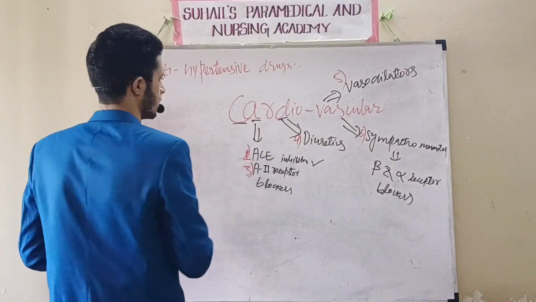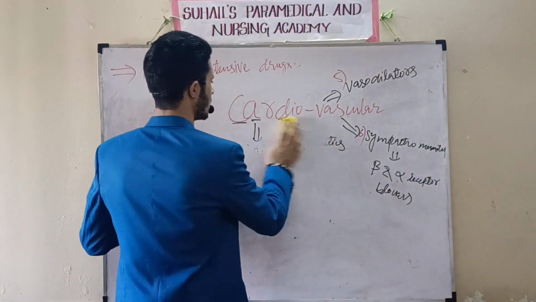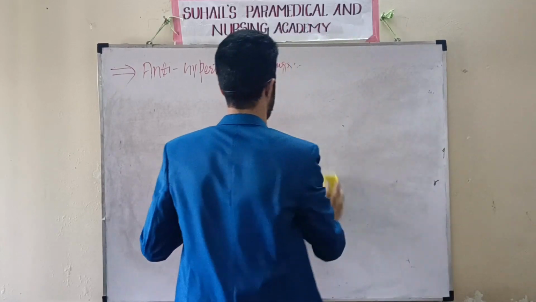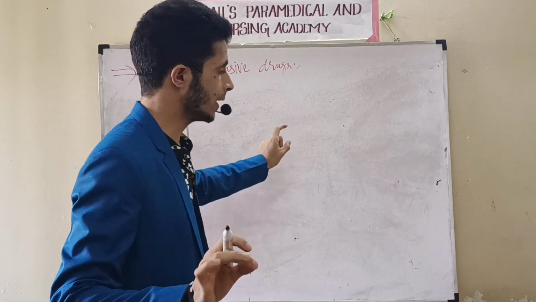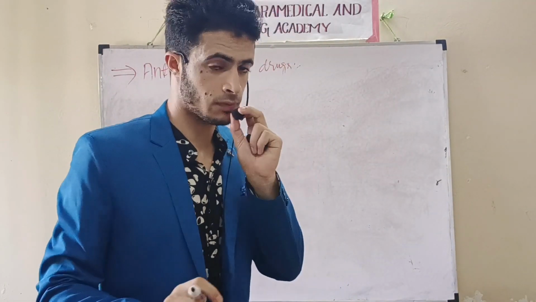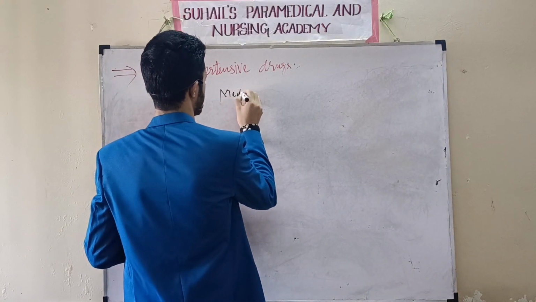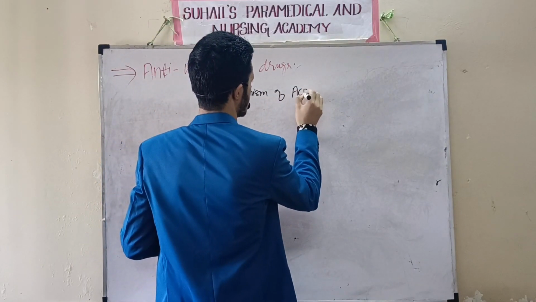I will rough this, okay, so that I will be able to show all the things very easily. So today's topic is, be attentive. This mechanism is very important. That is the mechanism of ACE inhibitors.